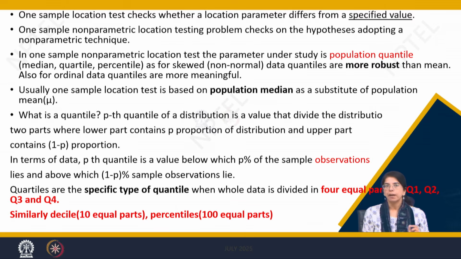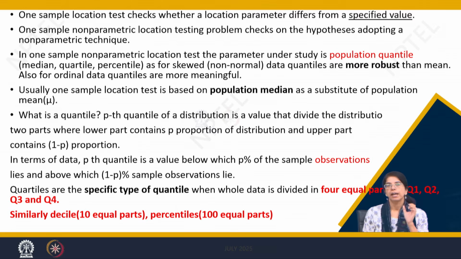In terms of data, the pth quantile is a value below which p% of the sample observations lie and above which 1 minus p% of the sample observations lie. Personally speaking, I think this definition in terms of data will be more understandable to people who are learning the concept of quantile for the first time.